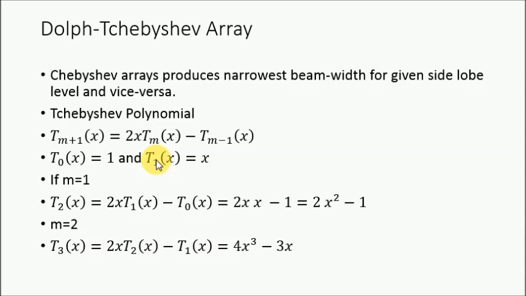And here a Chebyshev polynomial can be defined. Actually, the process is very complicated. It is a recursive process, but I have adopted a very suitable technique to calculate the polynomial.